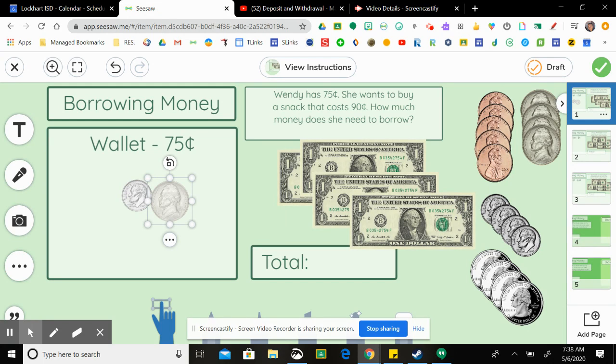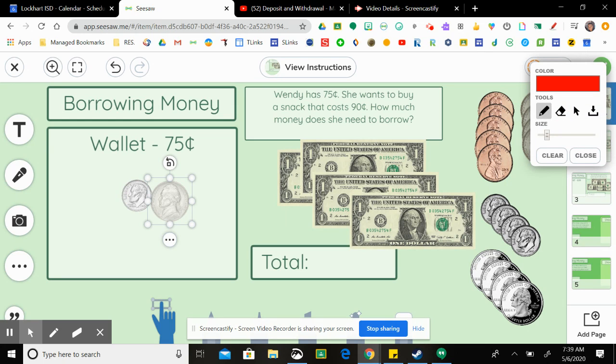This is 90 cents. 75 plus 10 is 85, plus 5 is 90. So we know this is a total now of 90 cents. But how much did she borrow? She borrowed 15 cents. Makes sense. Hopefully this helps you out.